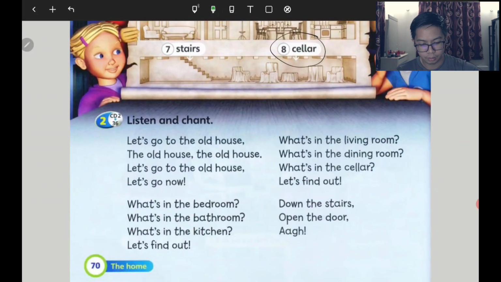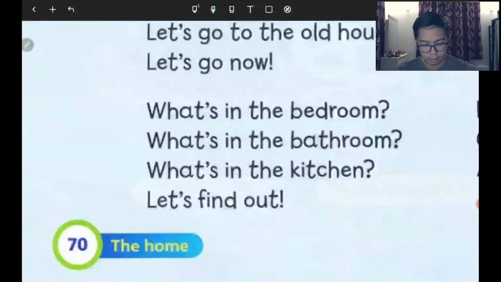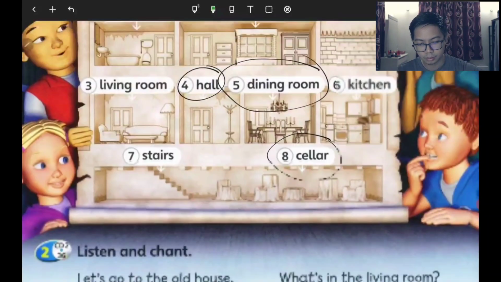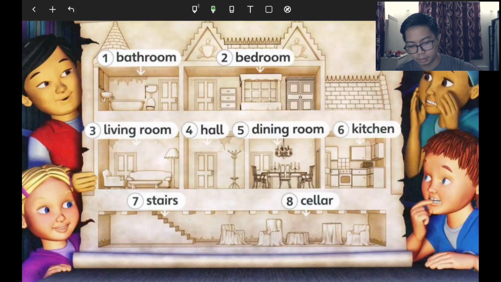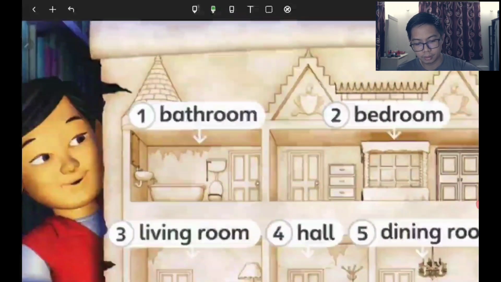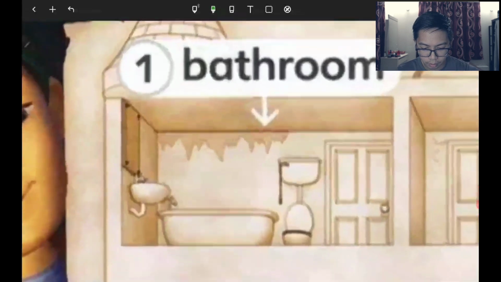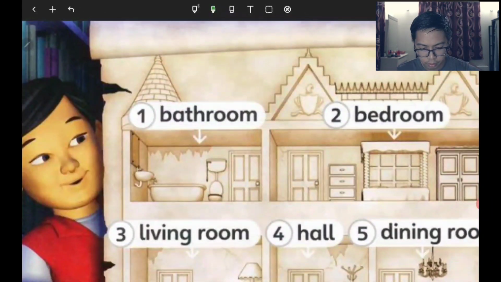Okay, on this topic we have learned about the home, the parts of the house. Starting from number 1, we have the bathroom. Okay, look carefully, what is in the bathroom? The bathtub, the sink, the toilet bowl, okay, maybe the mirror.